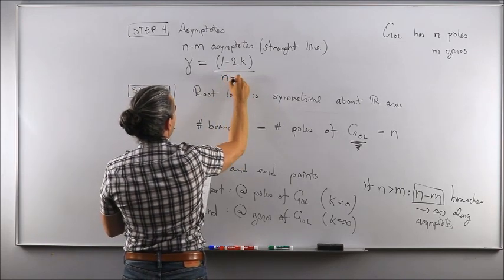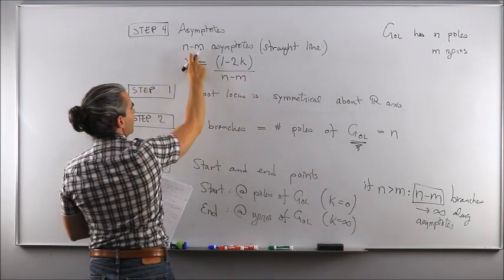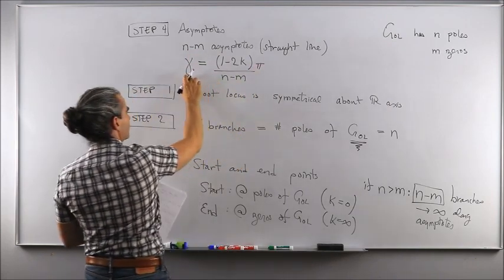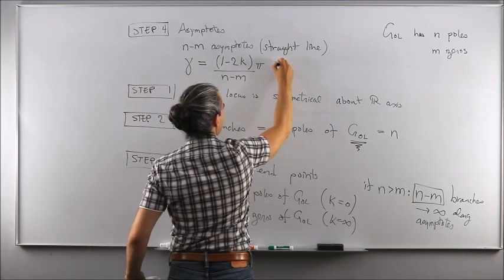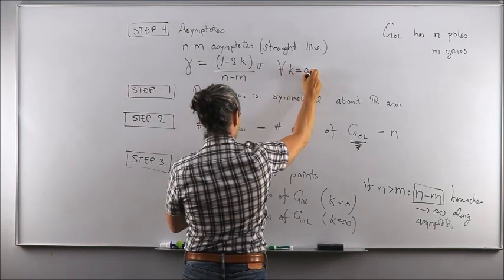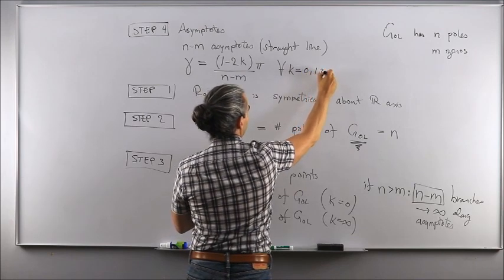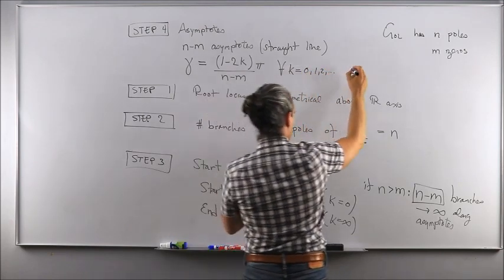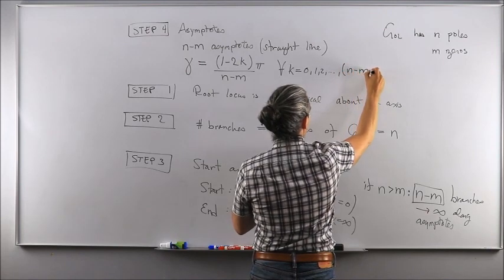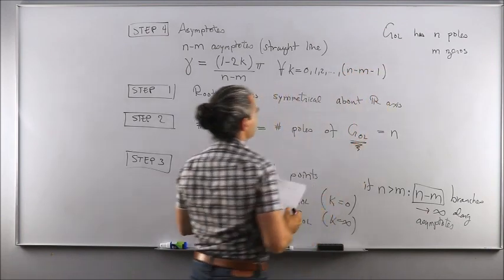You do that for all k equal to 0, 1, 2, all the way to n minus m minus 1.